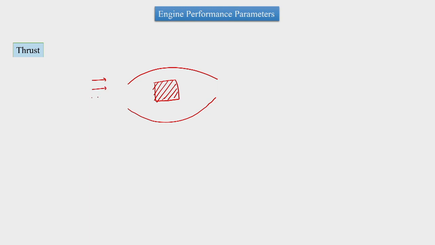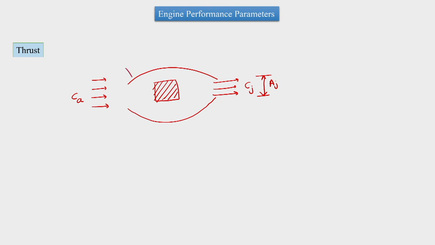Engine performance parameters. First is thrust. Let us consider that we have an aircraft and draw a schematic of an aircraft engine, where we are considering it as a control volume, or practically a black box, where air is coming in with velocity Ca, and a jet is going out with velocity Cj, and the area of the jet is Aj.